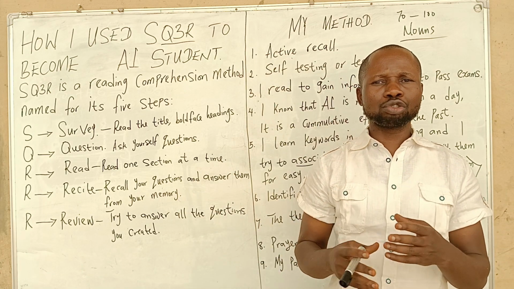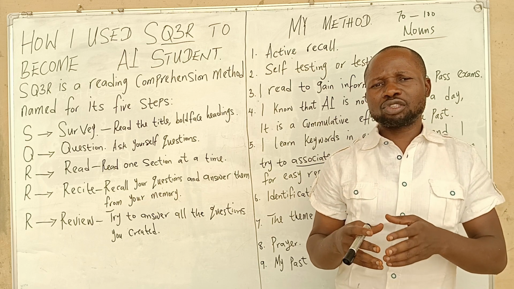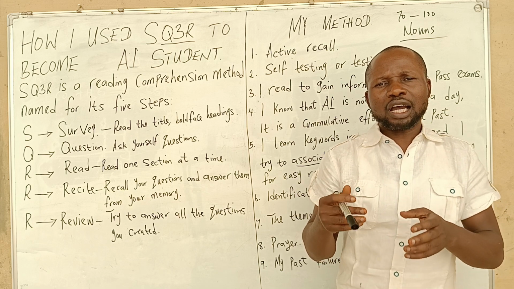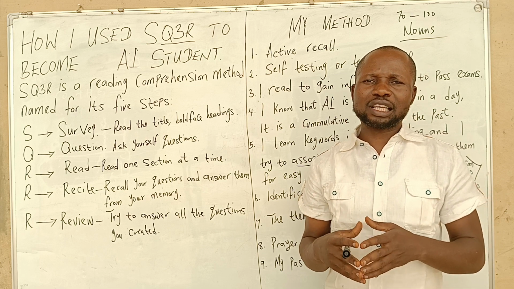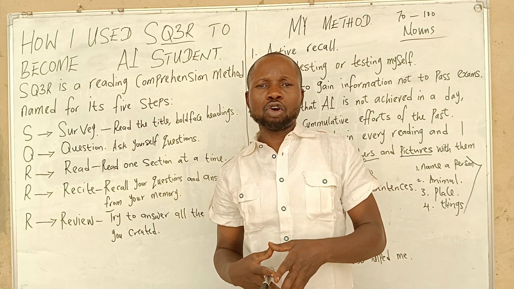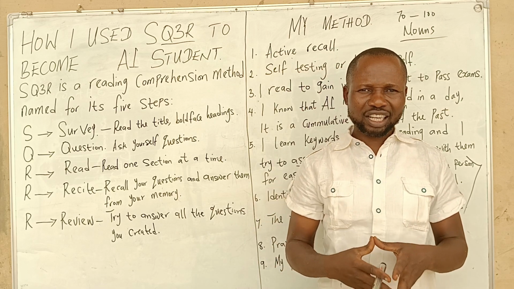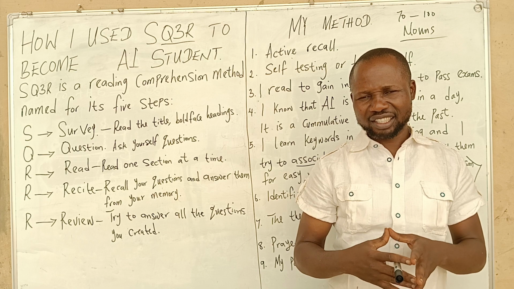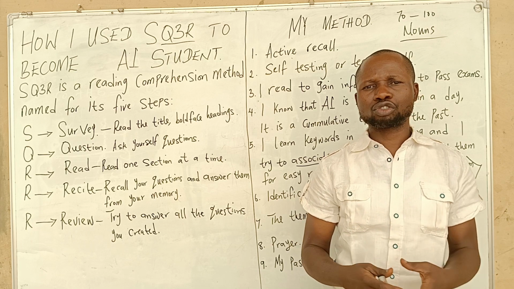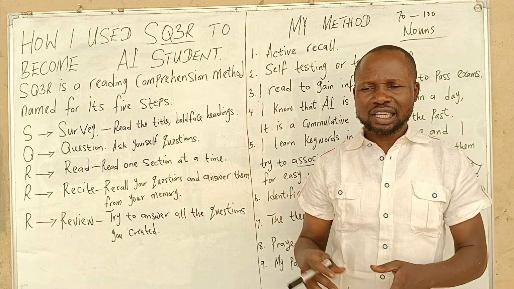I'm going to teach you this SQ3R today on how to use it for general reading. But by God's grace, I'm going to make another video on how to use SQ3R in reading literature texts, things like drama, prose, and so on.